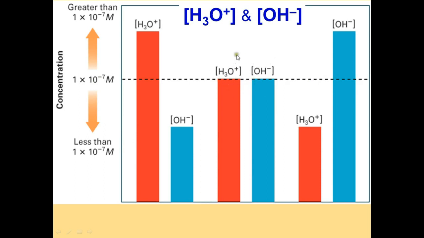Then if we look to our left here, we have acids, which donate protons. So if something is donating protons to the water, what would it have? Would it have H3O plus or OH minus?